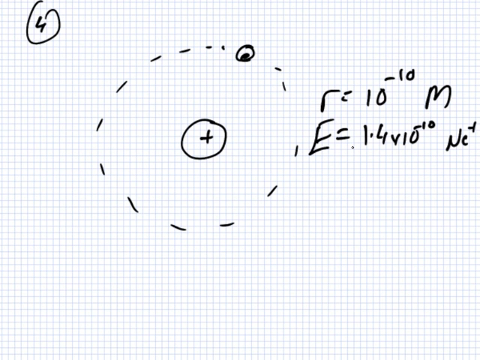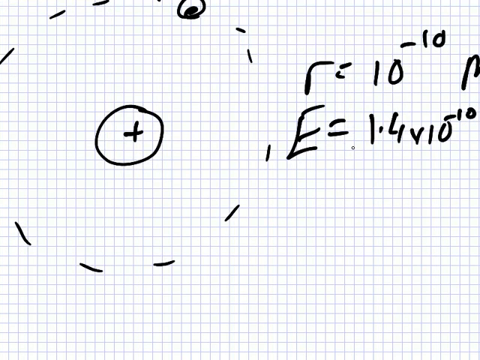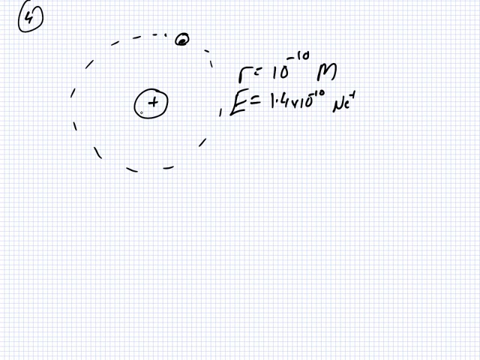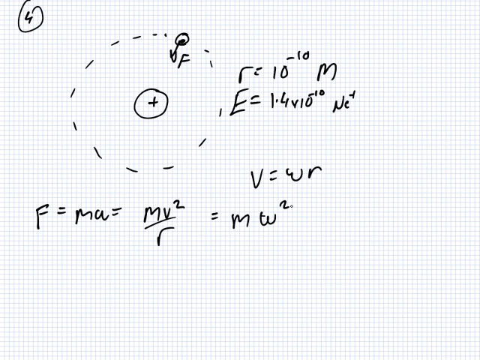I like this question. It's an interesting one. Okay, so firstly, this is circular motion. You know, because it's moving in a circle, F equals ma, which equals mv squared over r. But you know that v equals omega r. So this is m omega squared r squared over r, which is m omega squared r. That's the F. But you also know that the force is caused by the electric field.